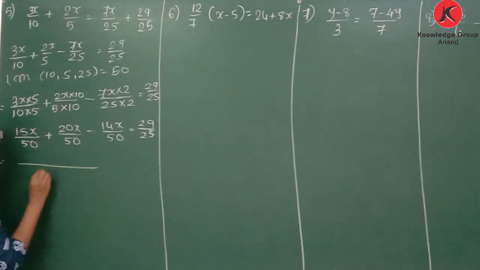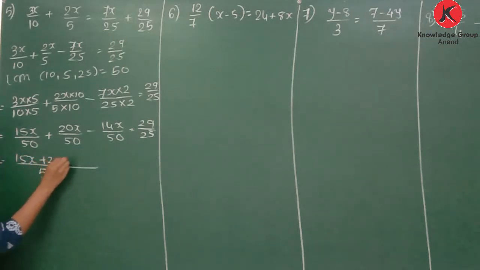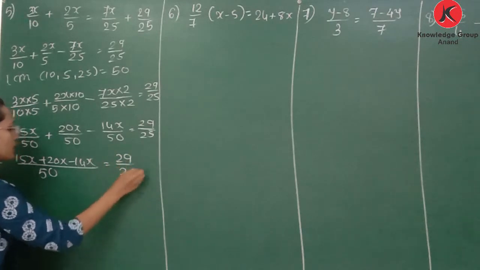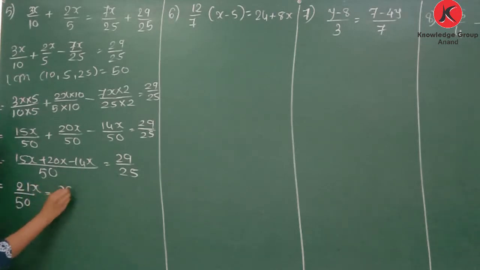So here you can write 50. 15x plus 20x minus 14x is equal to 29 by 25. Now 15 plus 20, that is 35. 35 minus 14, 21x divided by 50 is equal to 29 by 25.